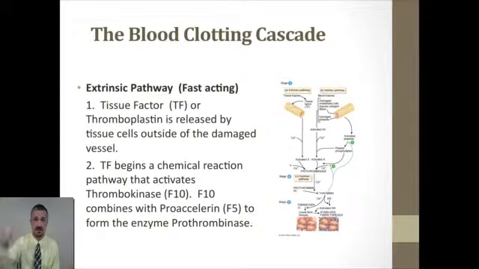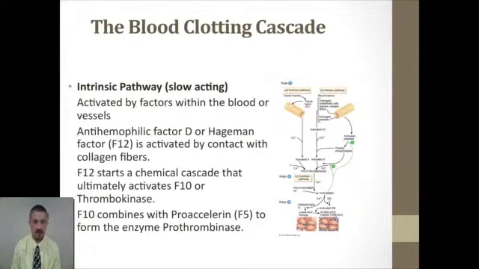You get a cascade where these things activate what's next, which activate what's next, all the way down until we actually get these fibers coming out of solution. In the intrinsic pathway, it's actually the platelets, when they come in contact with these collagen fibers, releasing a particular factor, which again is going to activate other factors down the line and again get these things coming out of solution.